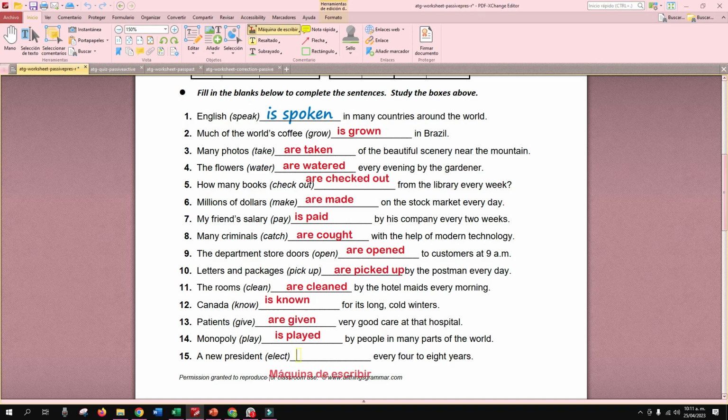Which would be that one, guys? Is elected. Excellent. So if you notice, this is easy, right? Just to write down, we can say the conjugated form of the verb be and also the main verb in past participle. Let's do this quiz, guys.